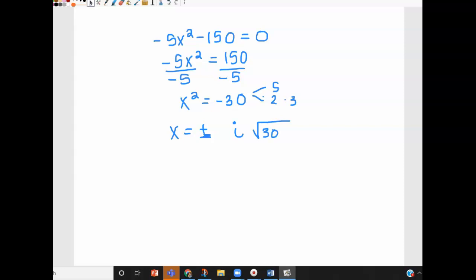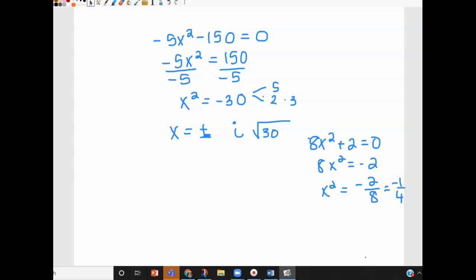And then last but not least, we have 8x squared plus 2. So you get 8x squared equals negative 2. So you get x squared equals negative 2 divided by 8. But we know that that's really negative 1 divided by 4.